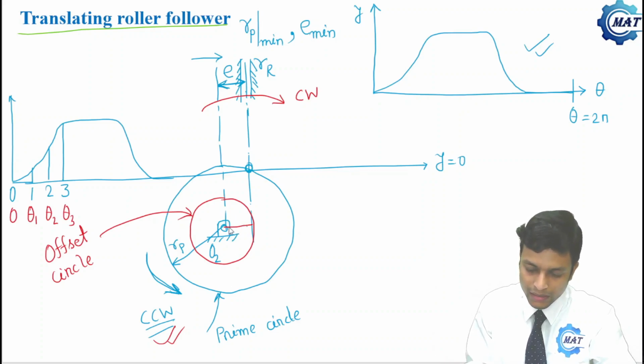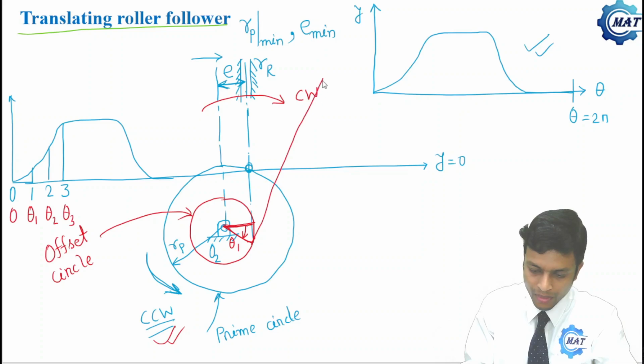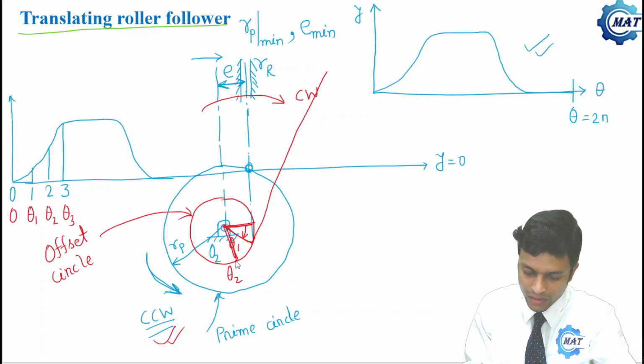How to do that? We will rotate this line by theta 1, in the clockwise direction, and from this point we will draw a tangent to the offset circle. This is the tangent. Next we will rotate it by theta 2 and draw the tangent.